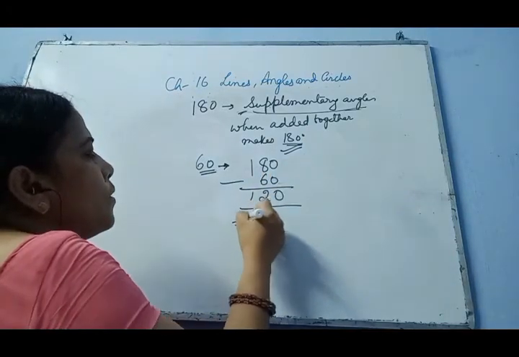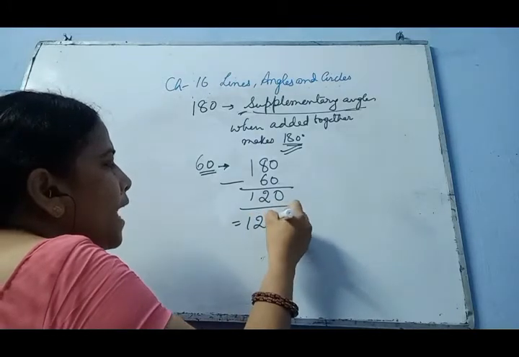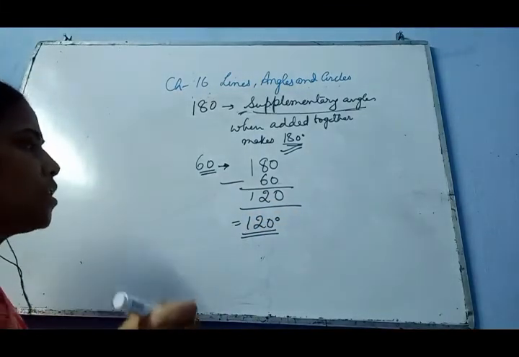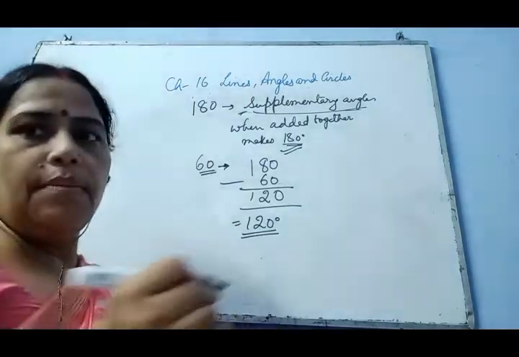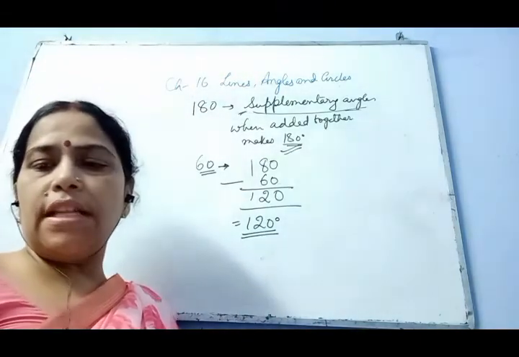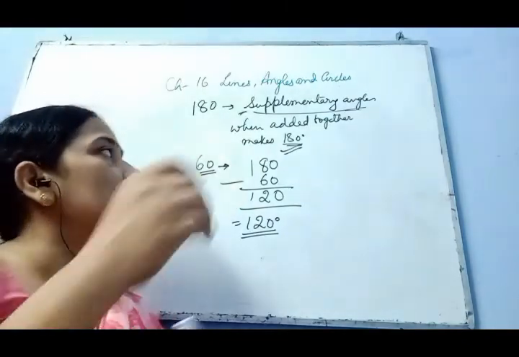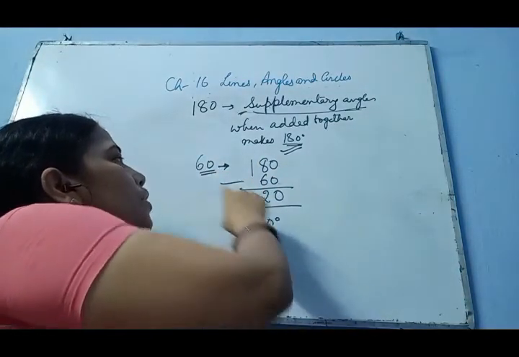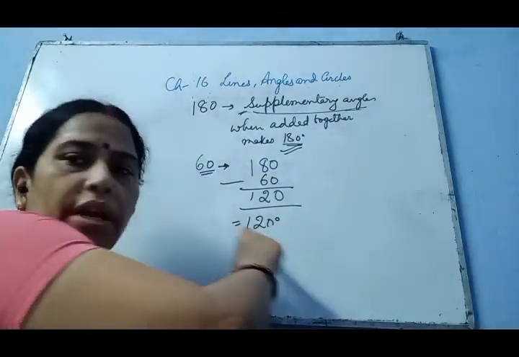So we will add 120 degrees to 60 to make it a supplementary angle. So the measure of the supplementary angle for 60 is 120.